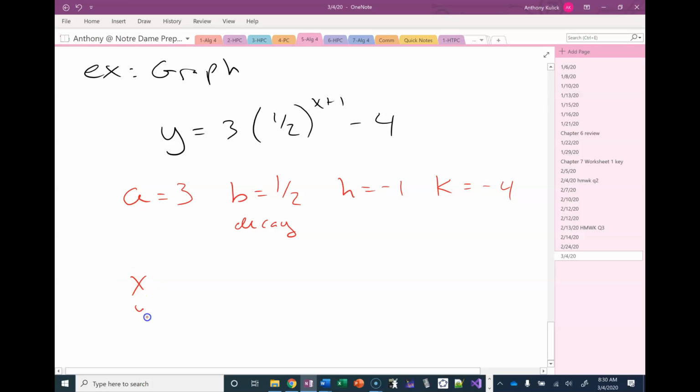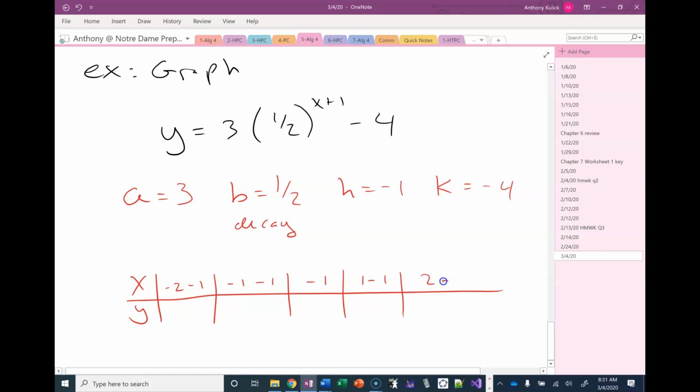All right. Let's make our XY table then. So again, I use -2 plus H, -1 plus H, H, 1 plus H, and 2 plus H. And then to find the y-coordinates, I can either plug those x's back into my function, just use my calculator or whatever to get them, or I can use the formulas that I gave you. Either one is fine.